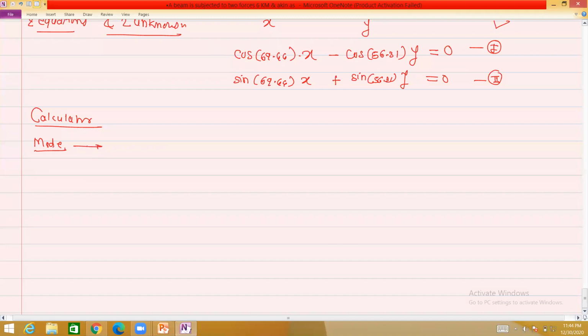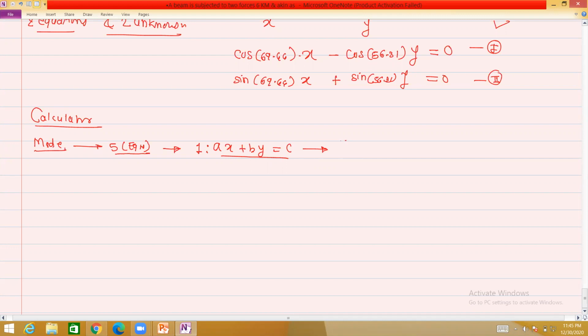After that, select number 5, which is equation. Then we get different options 1 to 4. Select the first option, which is like this: ax plus by is equal to c. That means the equation must be in this format. This is called a simultaneous equation. So select that option.